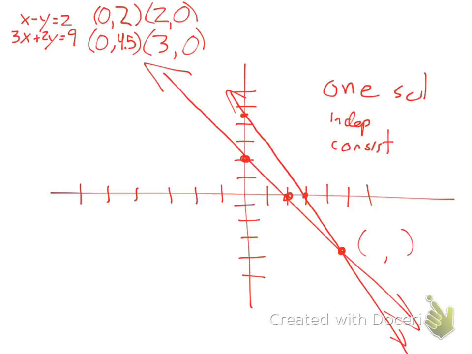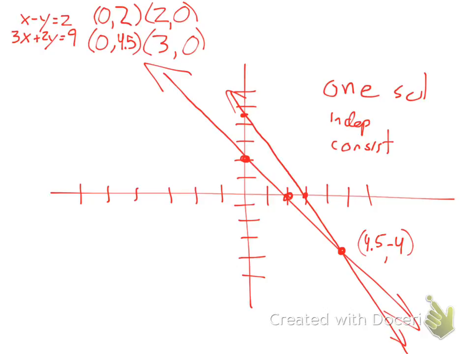I get maybe 4.5, comma, negative 4. Is that what everybody else got? I got 3.5, negative 1, yeah. Wow. I must have had a really bad graph. Is that what else you got? Pretty sure everybody got something slightly different.